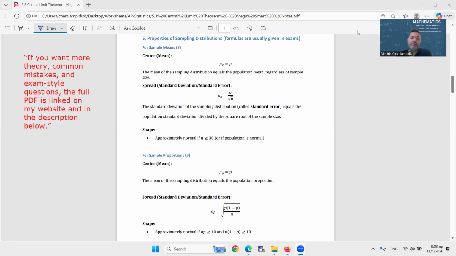Labidis, and in this video we will continue talking about AP Statistics 5.2 topic, which is dedicated on the central limit theorem. If you have been following my series on AP Statistics, so far we have talked about what sampling distributions are and why they often look normal thanks to the central limit theorem.